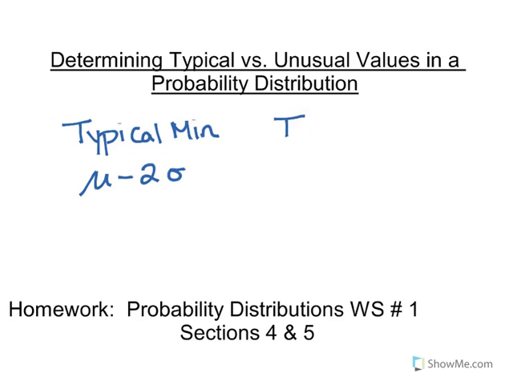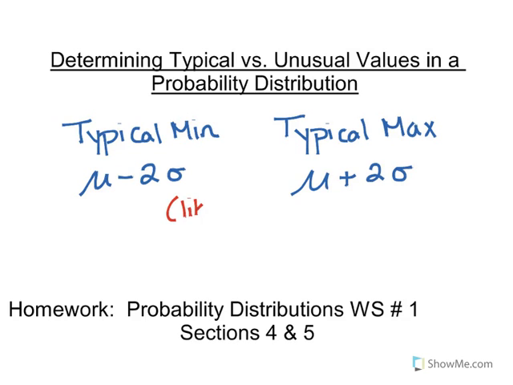And then to do our typical max, we do the mean plus 2 standard deviations. So this is just like when we were doing x bar plus or minus 2s. It's the same exact idea. Okay? So again, tying the previous unit in with this current unit.